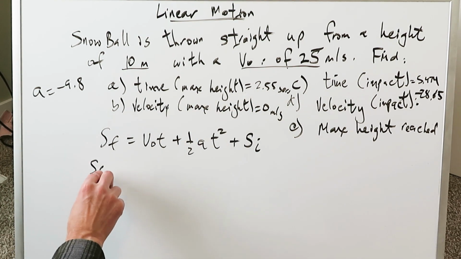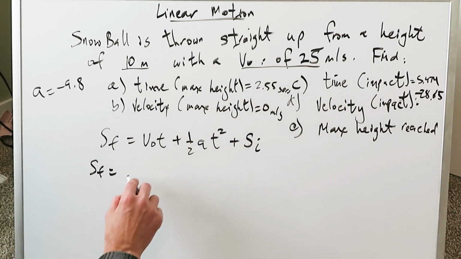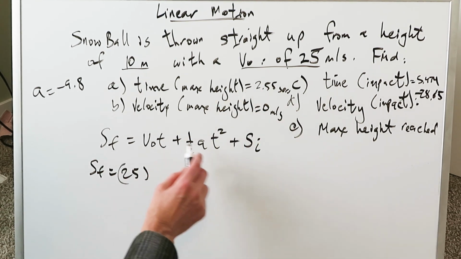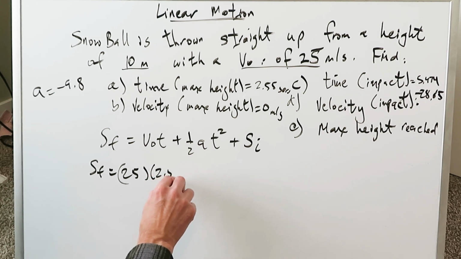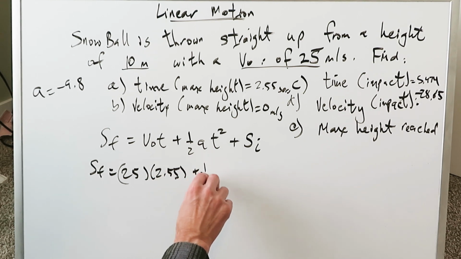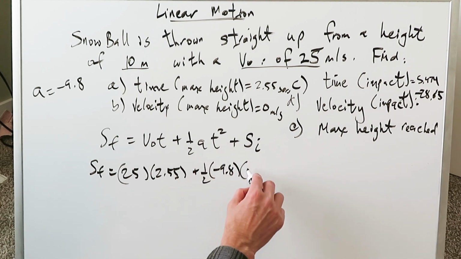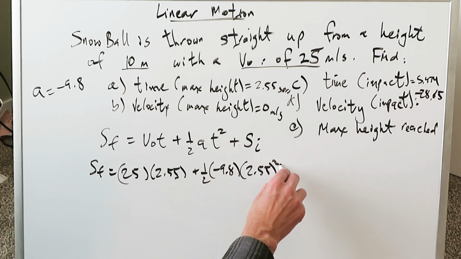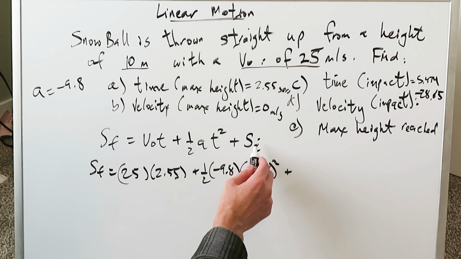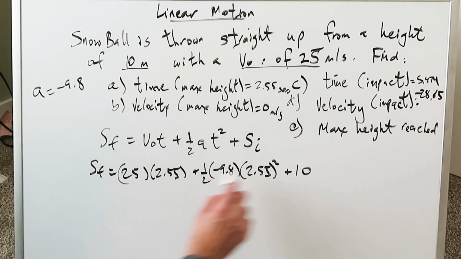So Sf is equal to Vo, your initial velocity, 25, times the time, 2.55, plus half times minus 9.8, which is your acceleration, times time, 2.55 squared, plus your initial height, which is 10. You have to solve all of this out, and it's not hard. It's all calculator.